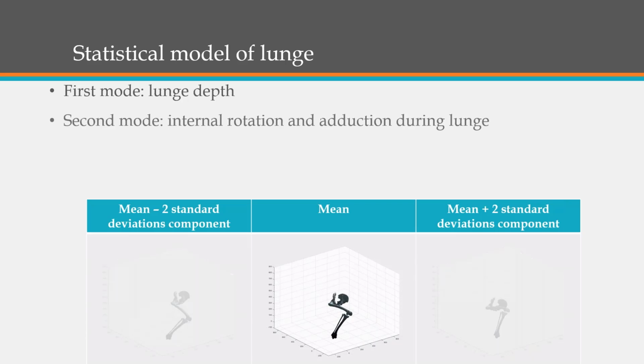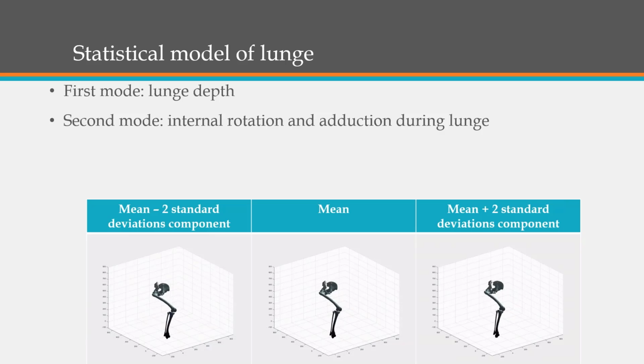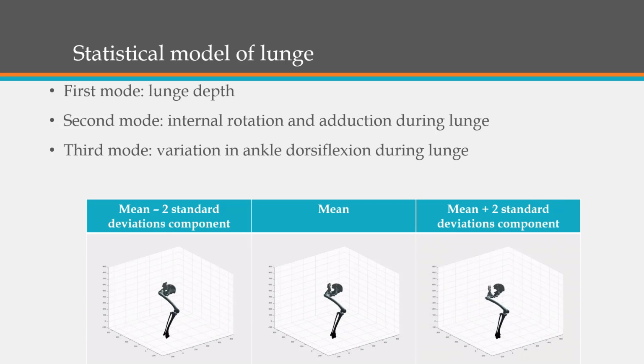The second mode was the fact that the internal rotation and adduction during lunge was different between our 50 subjects. And then the third mode showed us that the amount of ankle dorsiflexion during that high flexion motion in the hip joint was also different.